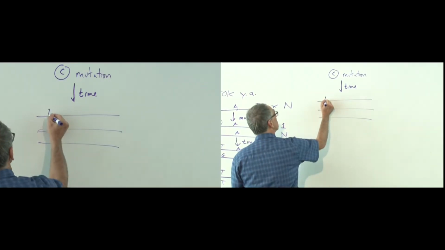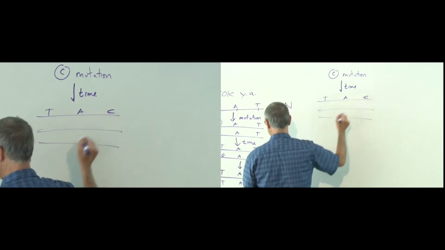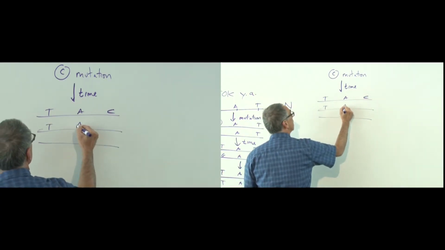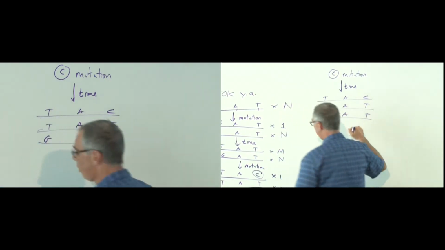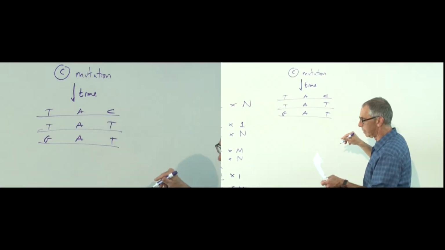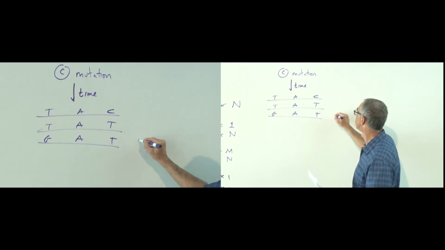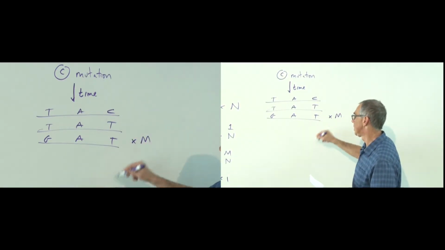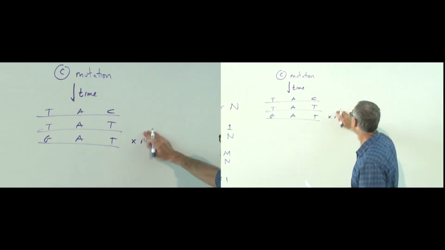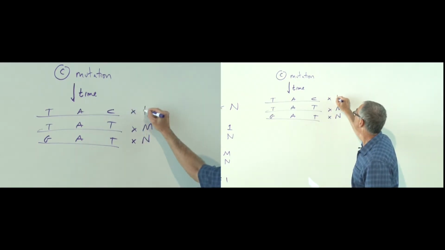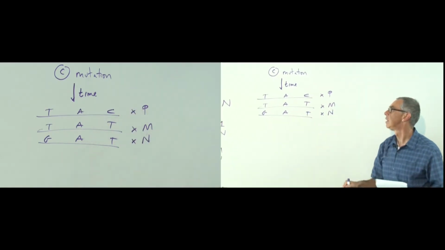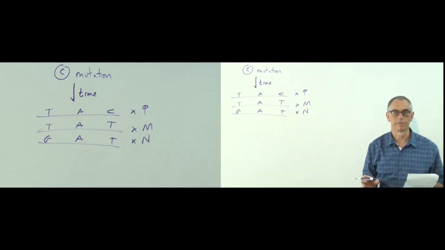TAC, TAT, GAT. And now there's non-trivial amounts of all of them. TAT still has M of them, GAT still has N, and this one has P. So this was successful, and the C has become a polymorphism.